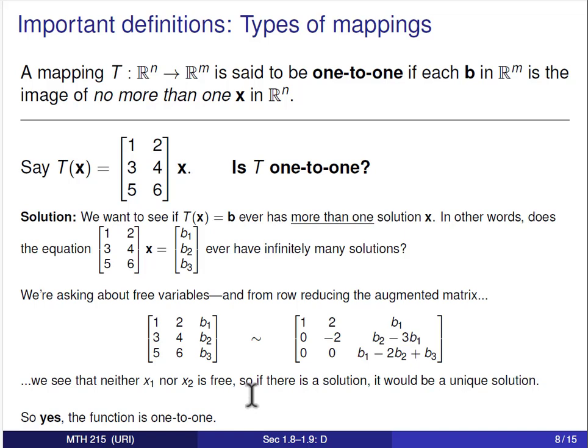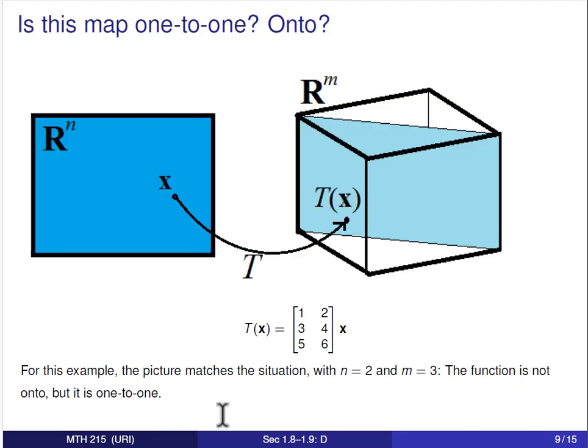And so if there is a solution, if this bottom row turns out to be 0, then there would be only one solution. So yes, the function is one-to-one. All right, so in this picture, as we've indicated, this illustrates a non-onto function, but it is a one-to-one function.